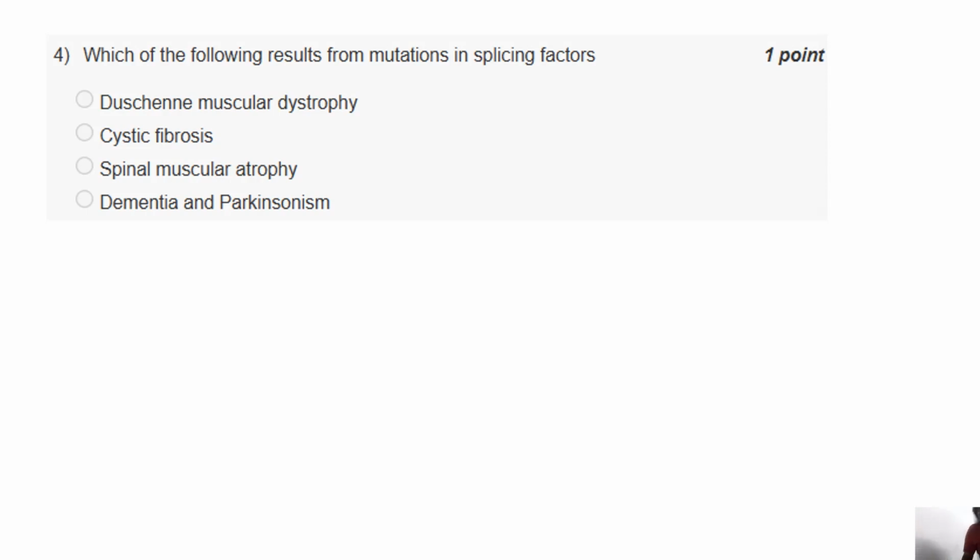Okay, starting off with the question, the answer will be spinal muscular atrophy. Anybody knows why? Otherwise, I'll move ahead.